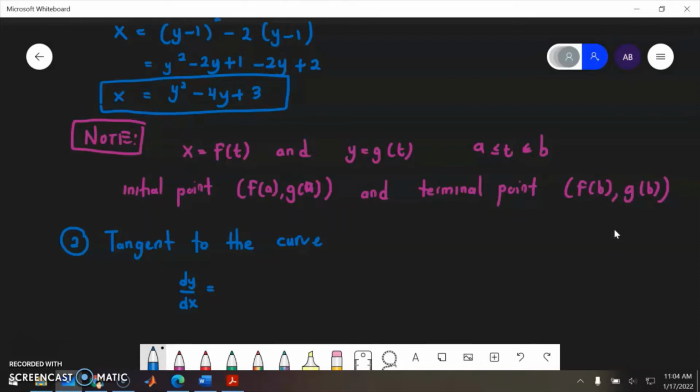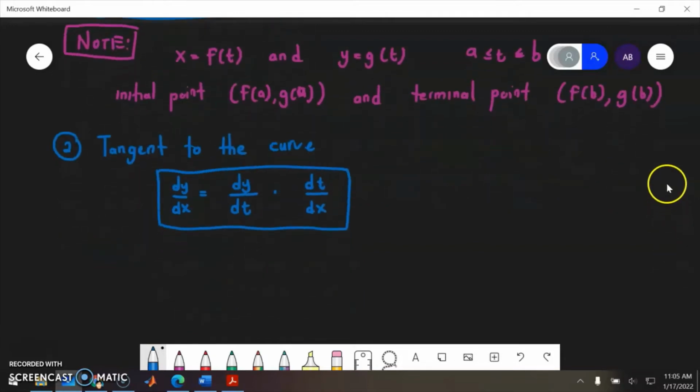So by using the chain rule, we can find the tangent to the curve: dy/dt multiplied by dt/dx. This is what we're going to use to find the equation of the tangent for the curve.